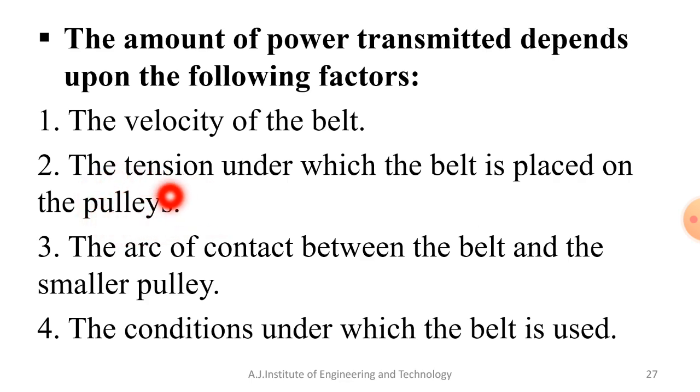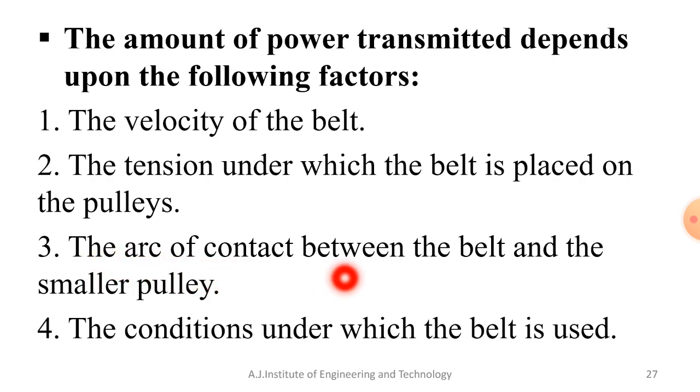Because of this tension the power also increases. If the tension in the belt is more, then the power transmission is also very high. And the third one is the arc of contact between the belt and the smaller pulley. This value should be very high for maximum power transmission.